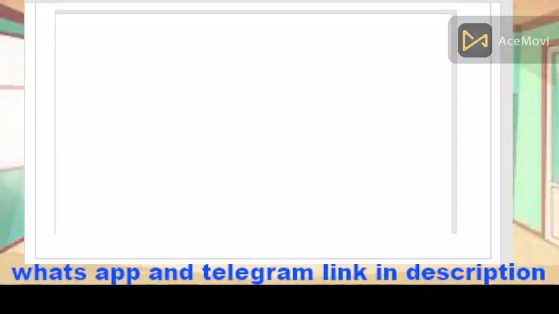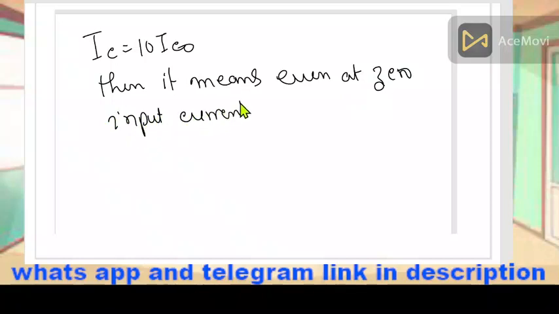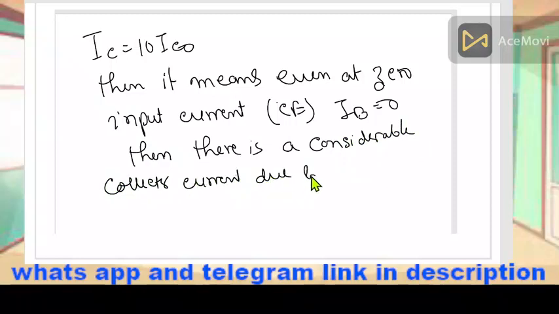First let me write what this conclusion means. If ICEO is 10 times ICO, then even at 0 input current, we are talking about the CE configuration, where the input current is the base current, even if IB is 0, there is a considerable collector current due to minority charge carriers, the leakage current.